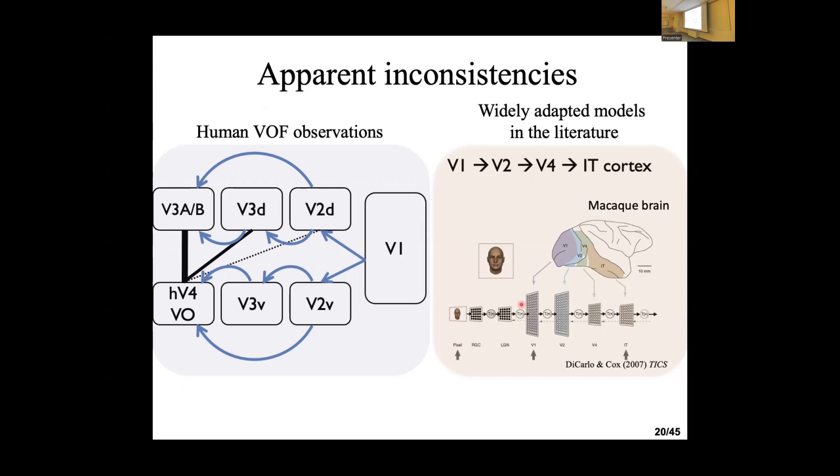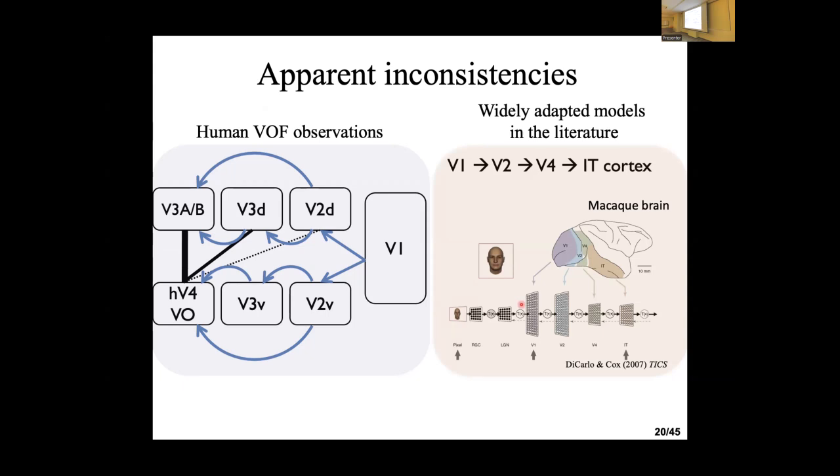But to think about how much this architecture of the VOF is applicable to non-human primates, it is very important to extend to non-human primate studies, not just to validate the VOF finding, but to get deeper insight into how this architecture emerges as a biological visual system.